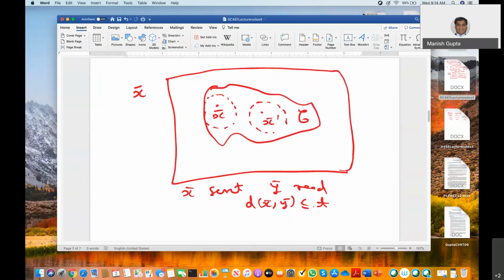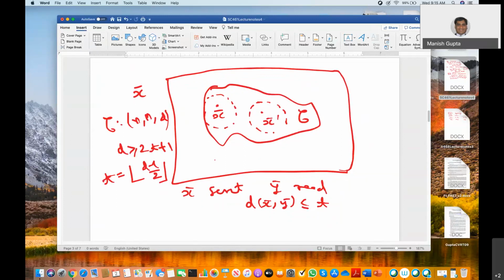And of course the code C is an MD code. The minimum distance is at least 2t plus 1, or in other words, t is at most the integer part of (d minus 1) by 2. So if X is sent, Y is received.